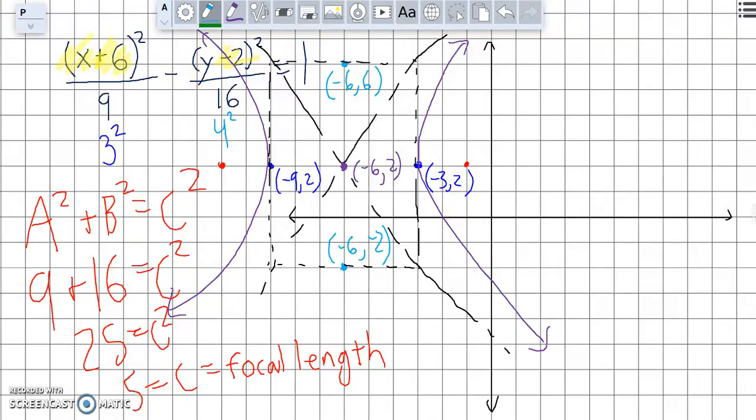Our foci we found by going left and right by our focal length, which was 5. Going to the left 5 means I subtract 5 from negative 6, which makes negative 11, comma 2. For this one I add my focal length to the x: negative 1, comma 2.